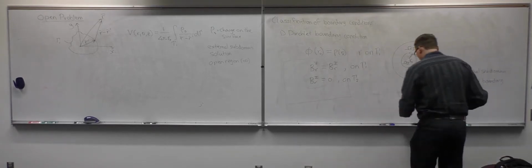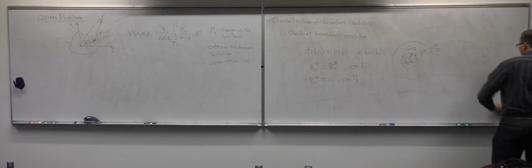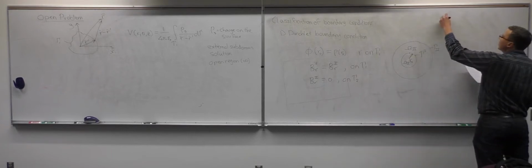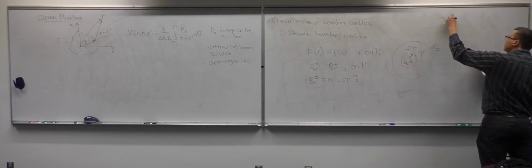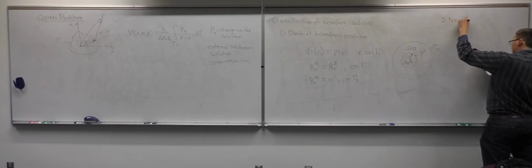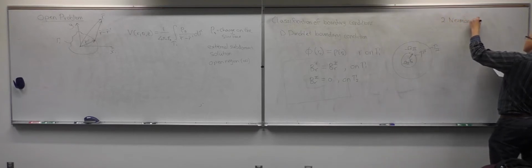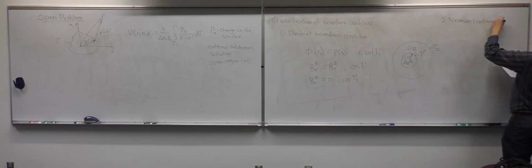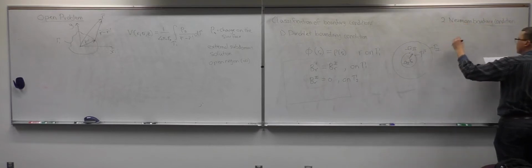Then the second type of boundary condition is the Neumann. So that's a derivative term.